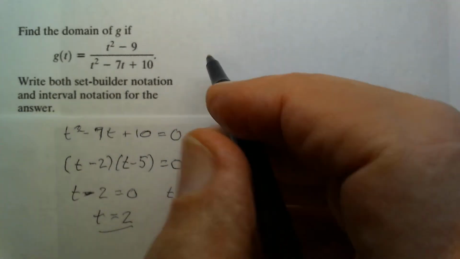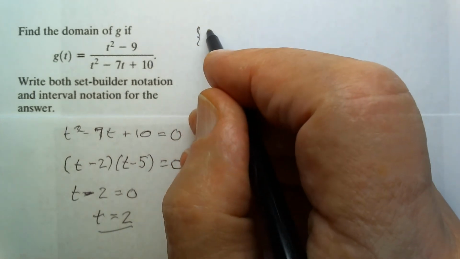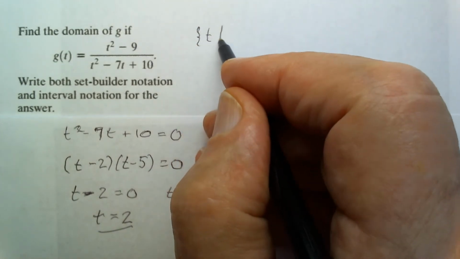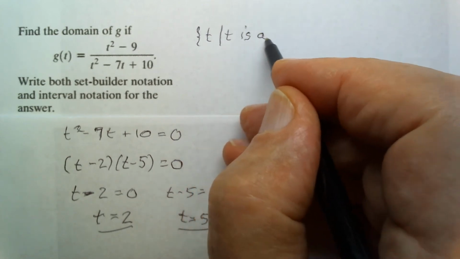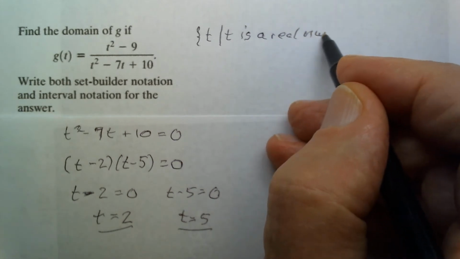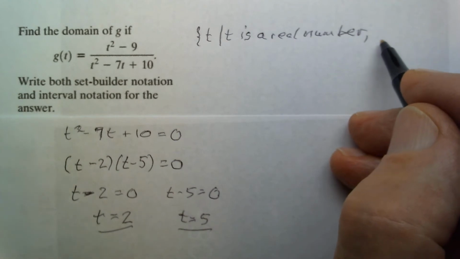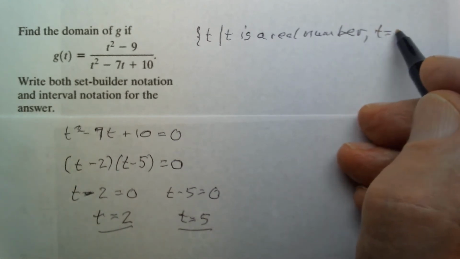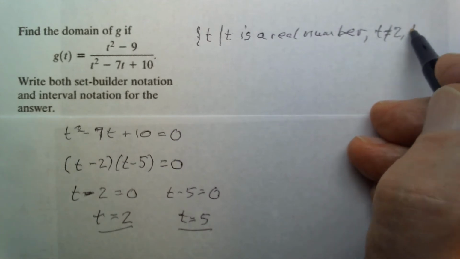When we put it in set builder notation, we write it as the set of all t such that t is a real number and where t is not equal to 2 and t is not equal to 5.